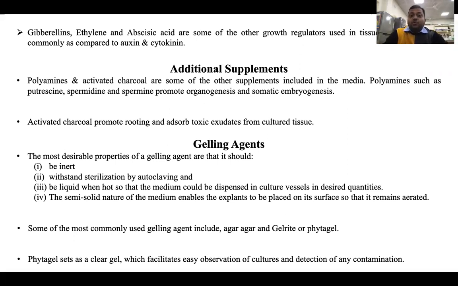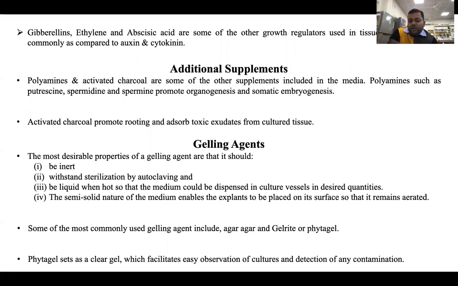It should be able to withstand sterilization conditions, because we all know we need highly aseptic conditions for tissue culture purposes. Everything has to be super sterile. The gelling agent that we are using should withstand the sterilization condition. It should not break down or disintegrate during autoclaving. This is another important property that should be taken care of.